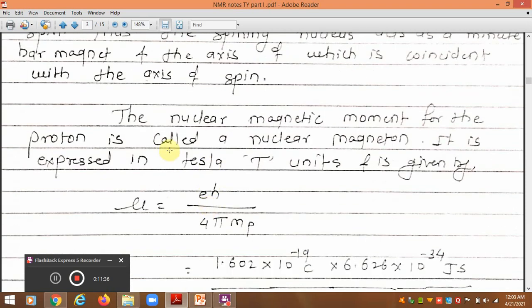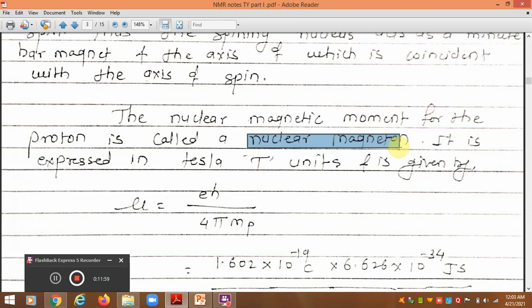Therefore, the nuclear magnetic moment for the proton, because it carries the nuclear charge, is called the nuclear magneton.